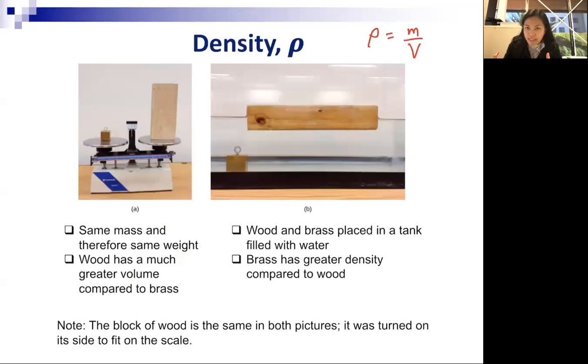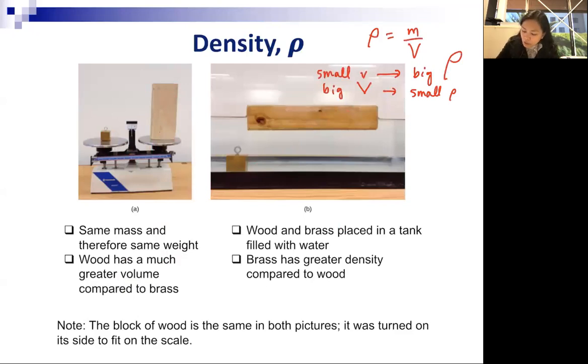The two objects have the same mass, so let's see what happens to the density. Inverse proportionality means that if you have a small volume, then that gives you a big density, and if you have a big volume, that results in a small density.